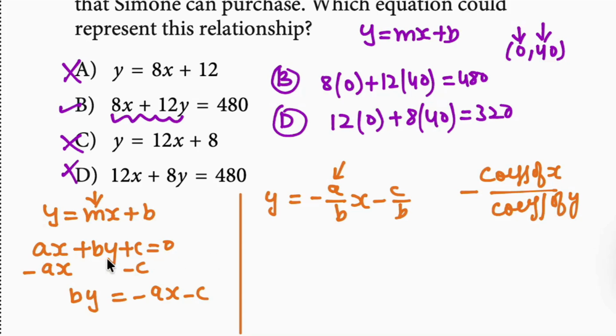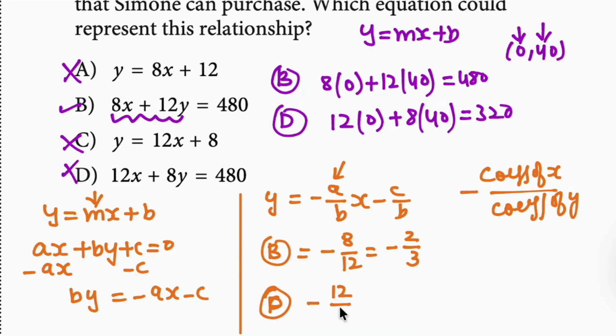So if I check equation B, the slope is negative a over b, a is 8, b is 12, that means negative 2 by 3. If I see equation D, it is in the standard form. So negative a by b, that means negative 3 by 2. This is a wonderful shortcut.